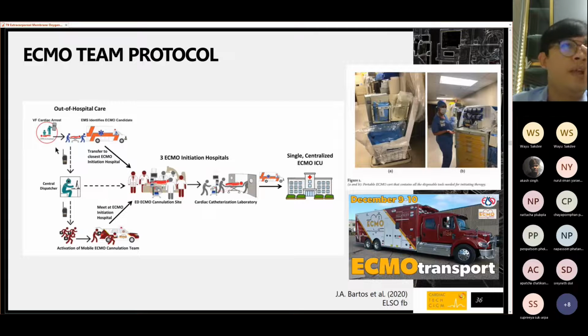Most of them, we continue CPR and bring the patient to the hospital to do the ECMO cannulation. So you can see, after ECMO cannulation, it occurs like this, with many people in the team.